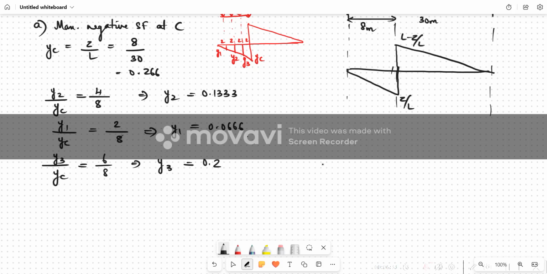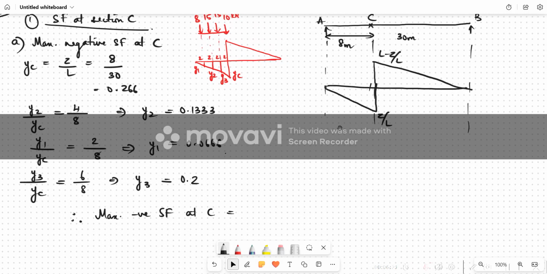With these values, how to find maximum negative shear force? Maximum negative shear force at C is equal to each point load multiplied by the corresponding ordinate. So I will write 8 into y1 plus 15 into y2 plus 15 into y3 plus 10 into yc.